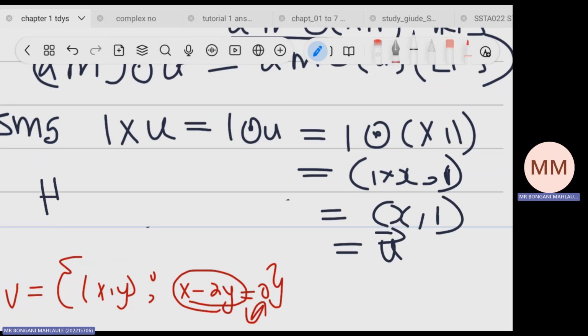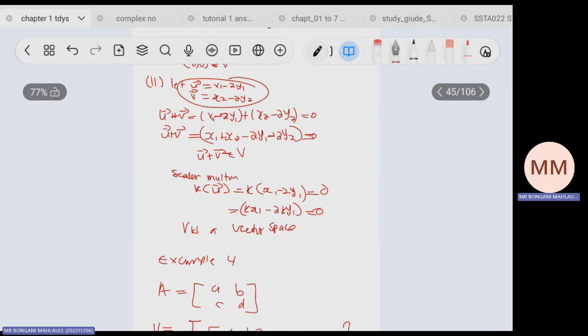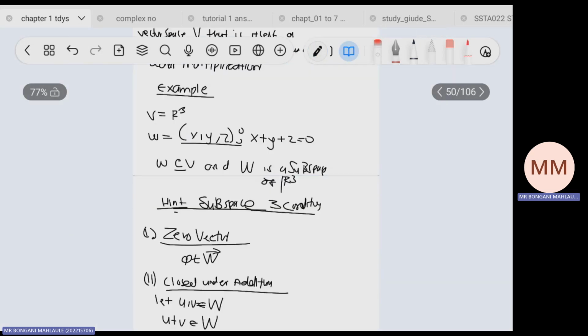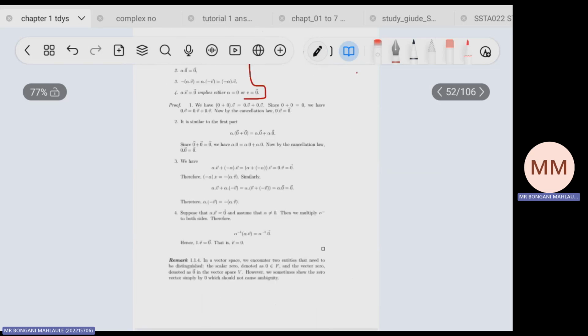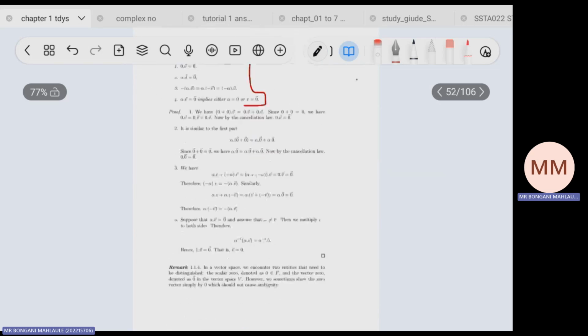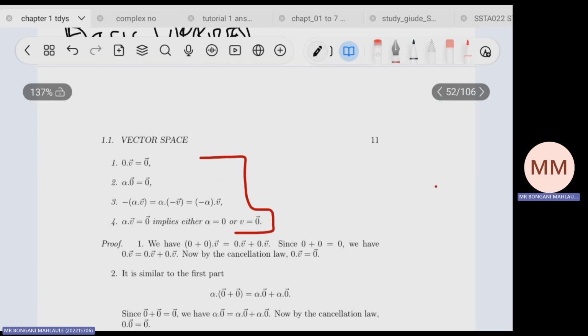So also this one holds. So we must try to always check all of them. That's the key part. And sometimes you'll have to use counter examples in order to show these things.